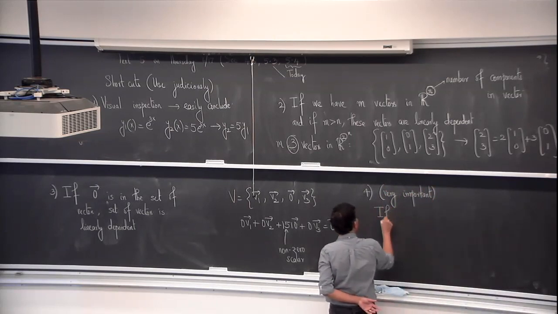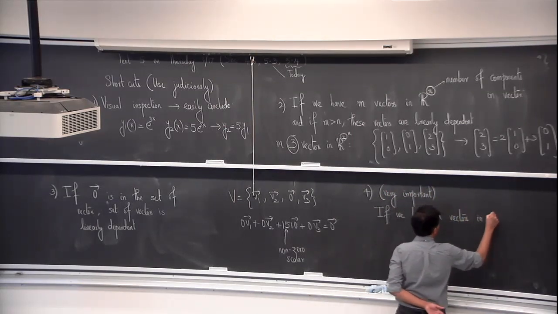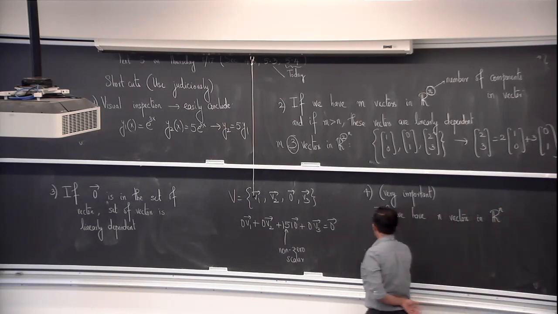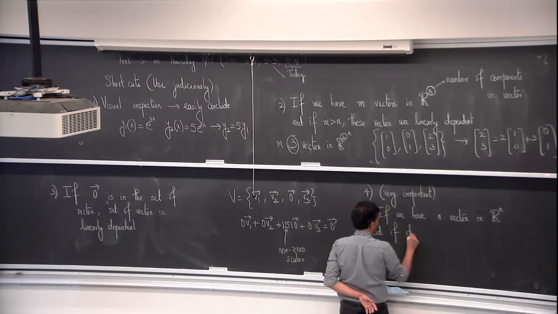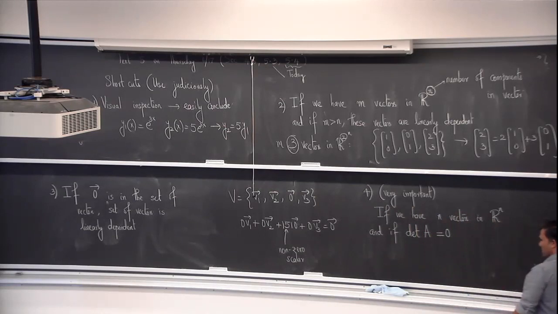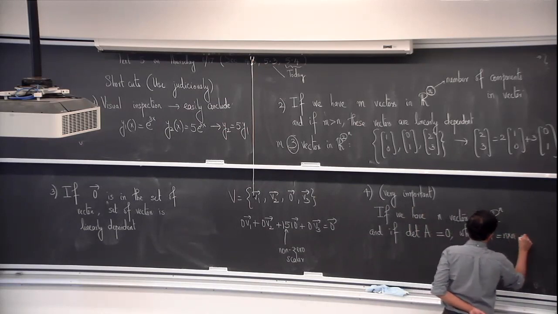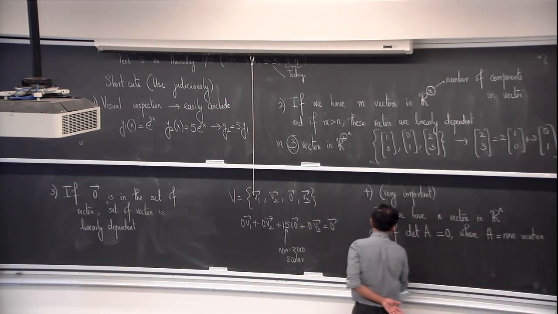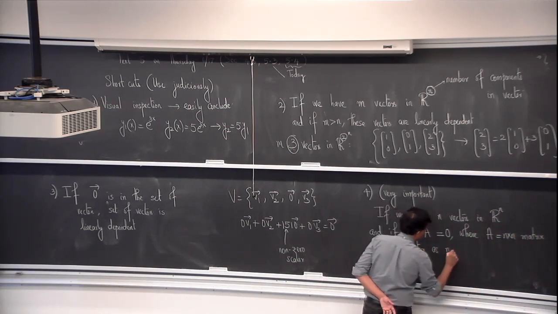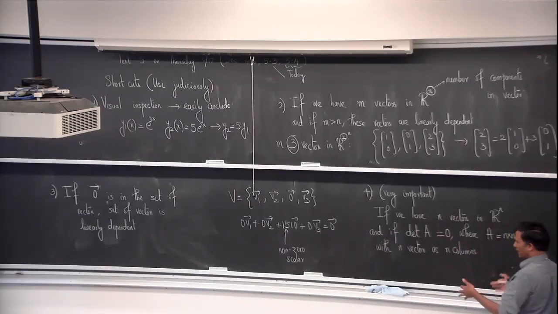If we have n vectors in Rn, now we have the same letter here and here, and the matrix A is written with these vectors as columns, where A is an n by n matrix with the n vectors as n columns. If the determinant of A is equal to 0, then the vectors are linearly dependent.